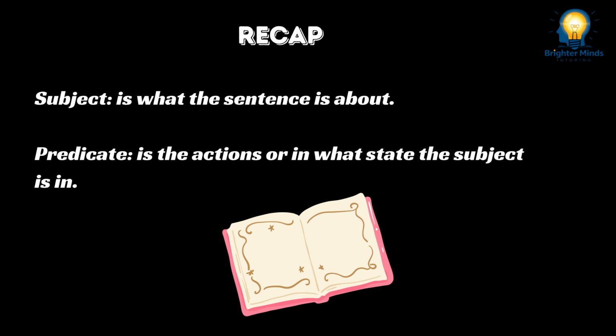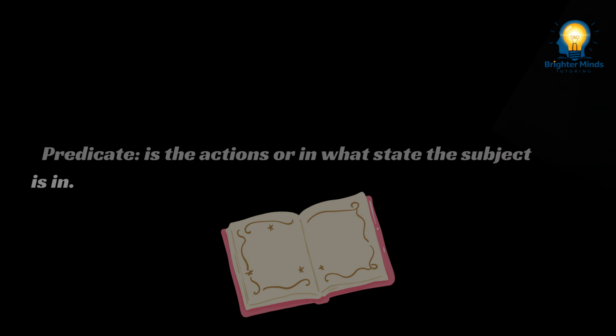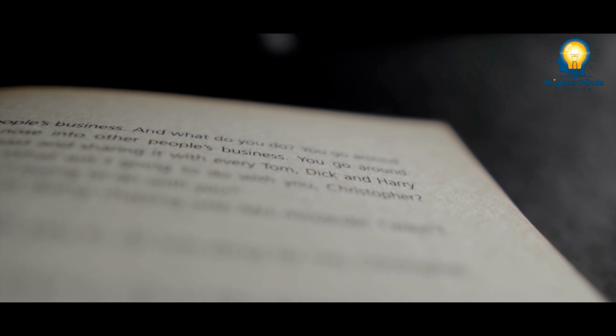When you practice finding subjects and predicates, it becomes natural. Always remember, the subject tells us who or what the sentence is about, and the predicate tells us what the subject does or what happens to it. Together, they create complete and powerful sentences that make your writing clear and your ideas easy to understand.